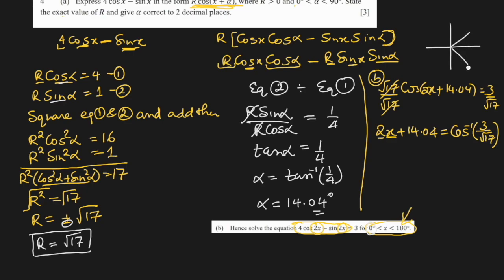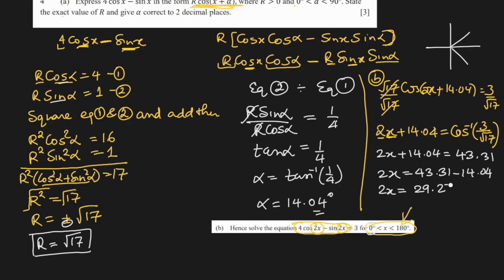First answer, cos inverse 3 over square root 17. So we got our first answer. 2x plus 14.04 is 43.313. So 43.31. So 2x equal to 43.31 minus 14.04. 2x equal to how much? 29.27.